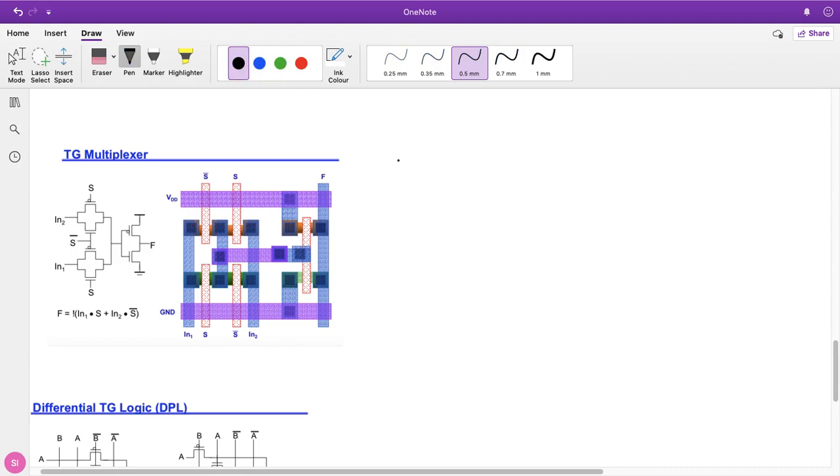First of all, let's draw the truth table of the transmission gate.